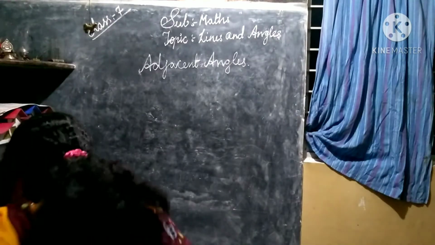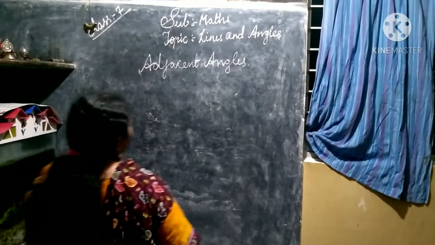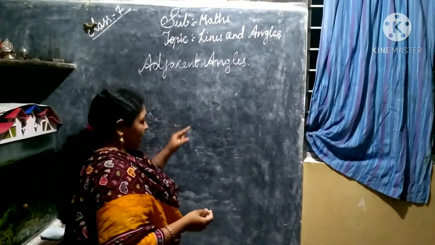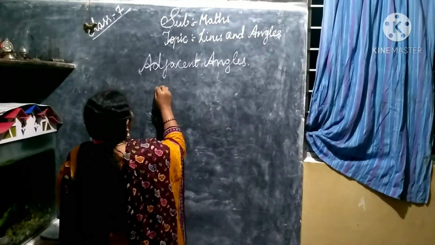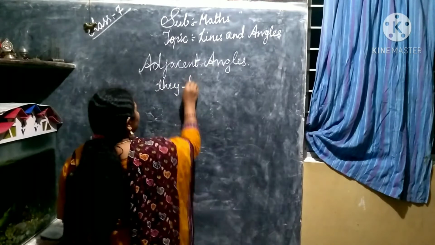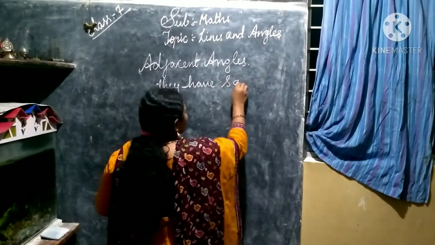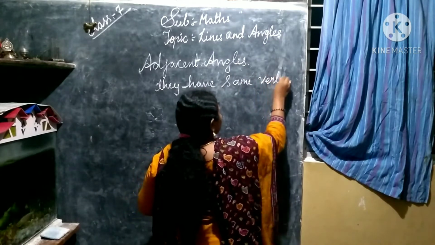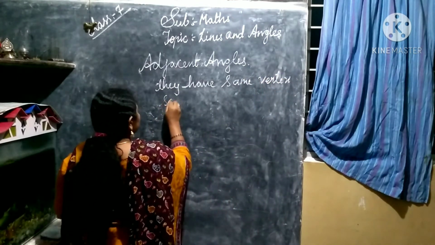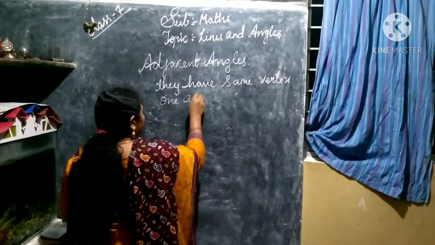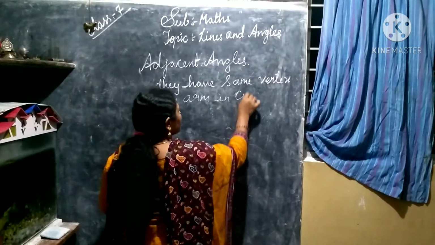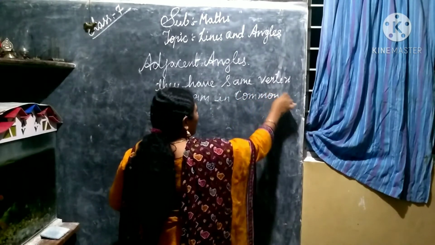Two angles are said to be adjacent if they have the same vertex and one arm in common.